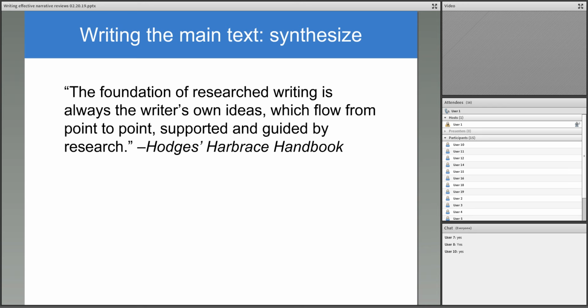Rather, a review should synthesize an array of findings into one coherent structure, whose parts work together to achieve your purpose. The tools for achieving synthesis include not only summarizing, but also paraphrasing, transitions, and interpretation, as we will discuss.